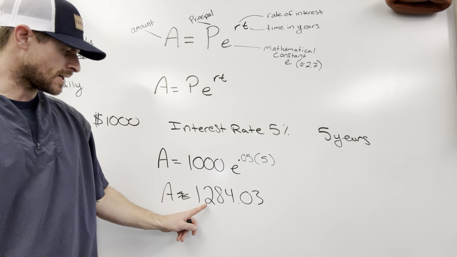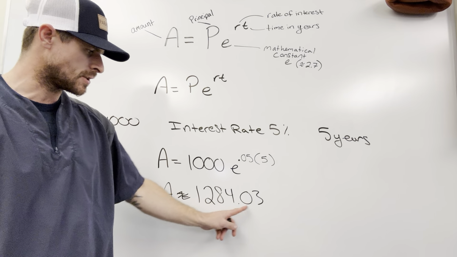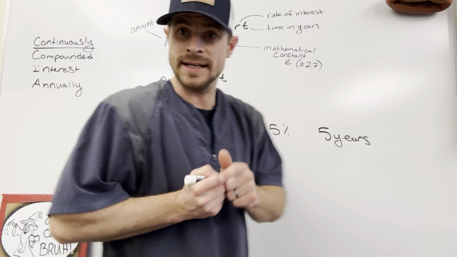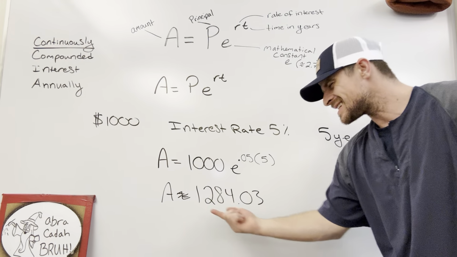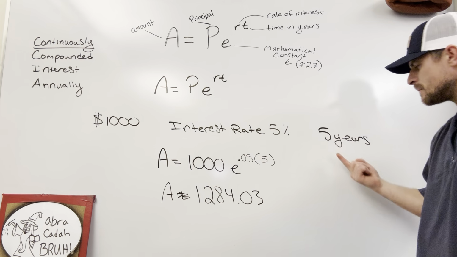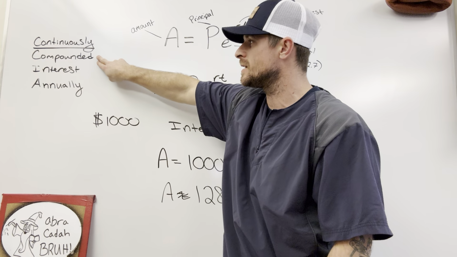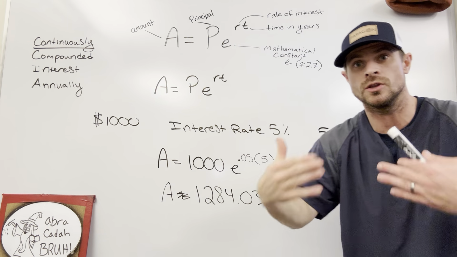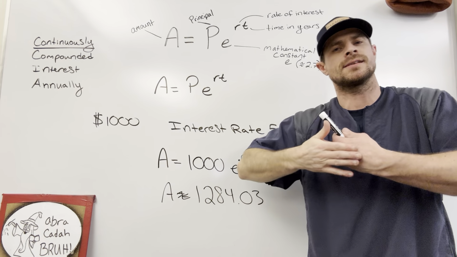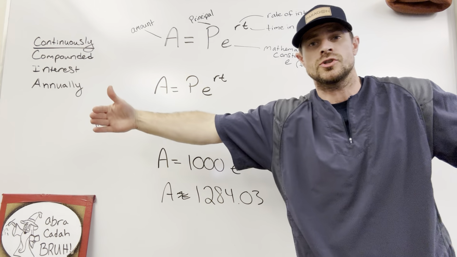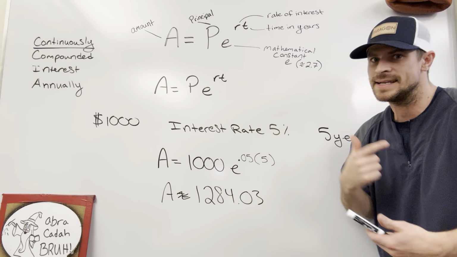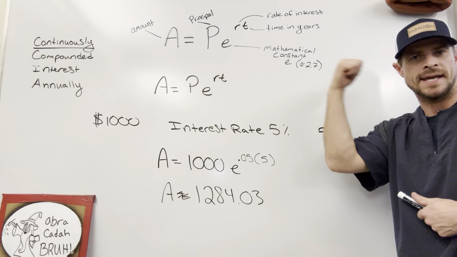You're going to have an extra $284.03 in that account by letting interest build. So that doesn't seem like a ton of money, but keep in mind, this is only 5 years, and what we talked about is continuously compounded interest is a long man's game. You want to wait. This is something you should invest in over a long stretch of time, because once it gets growing, man, it just takes off.